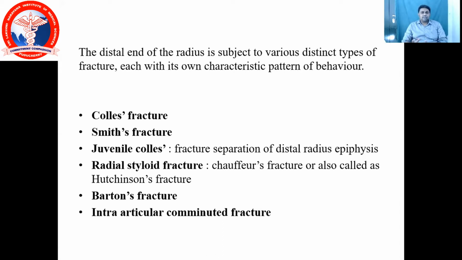These various types of fractures can occur in the distal end of the radius, and each has a different pattern of trauma, different fracture lines and age groups. So in this class, we are going to see Colles fracture, Smith's fracture, juvenile Colles fracture, radial styloid fracture, Barton's fracture, and intra-articular comminuted fractures.